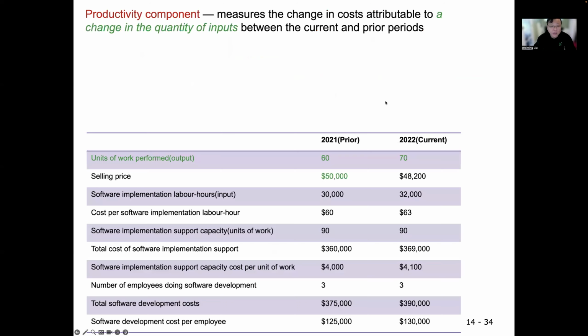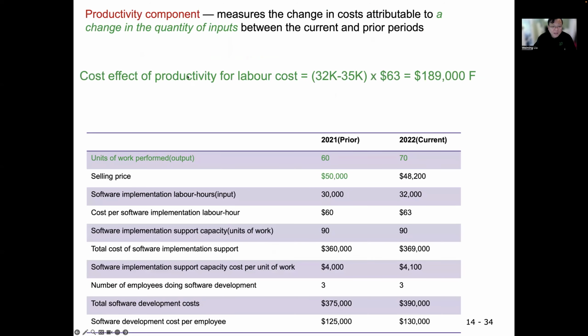So let's take a look. Cost effect of productivity for labor cost. You use 32,000, the actual cost in the current period, minus the input cost of the units required to produce current output in the prior period, which is the 35,000 labor hours times the current year's labor hour cost, 63.